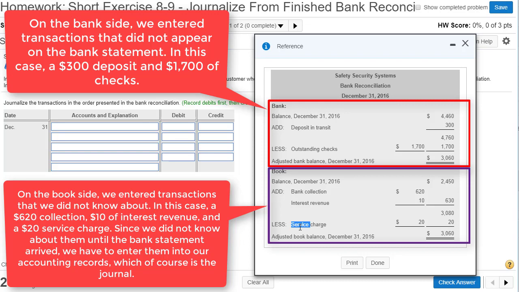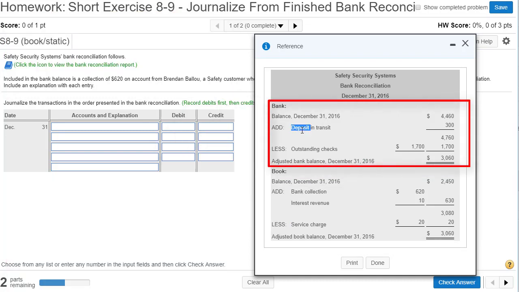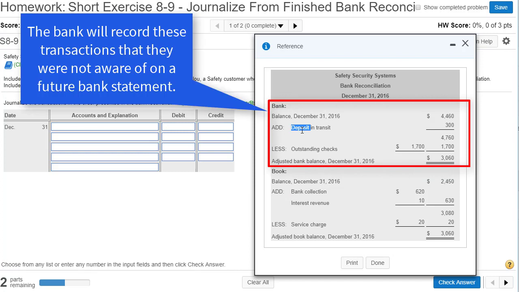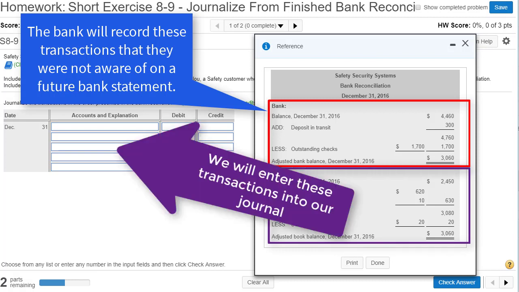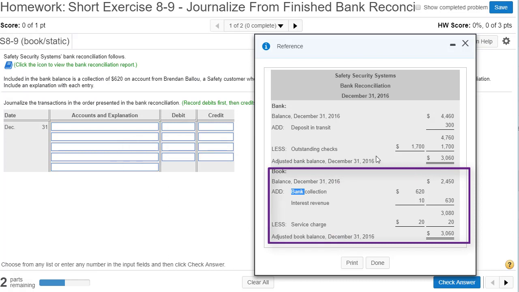So in our accounting records, right here, this is the journal, our accounting records, do we enter the transactions that the bank did not know about or transactions that we did not know about? Well, you cannot go into the bank, break into the bank, open up their accounting records and enter transactions. So we, obviously, can only enter the transactions that we did not know about. So we're going to enter the transactions from the book side.